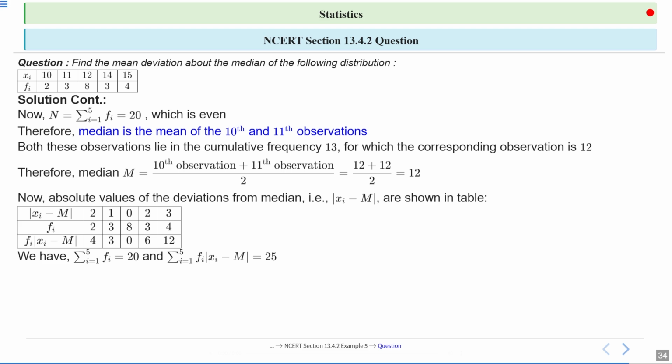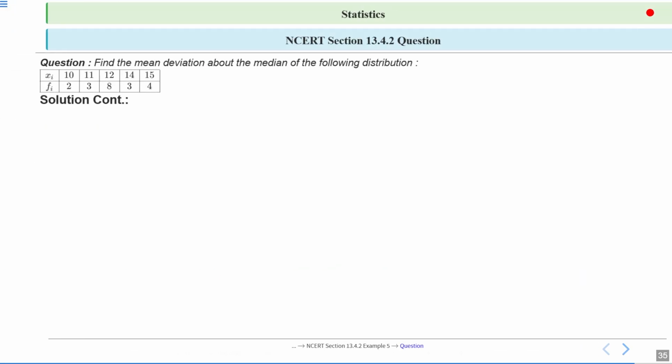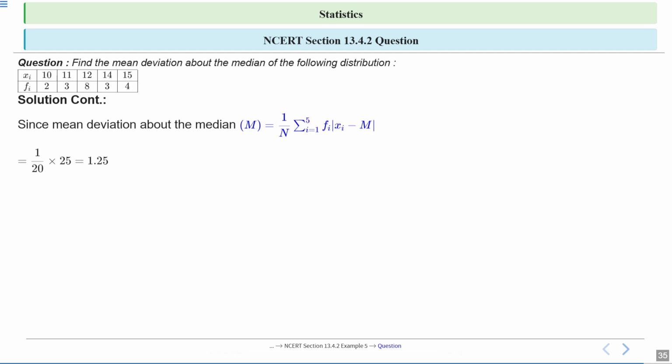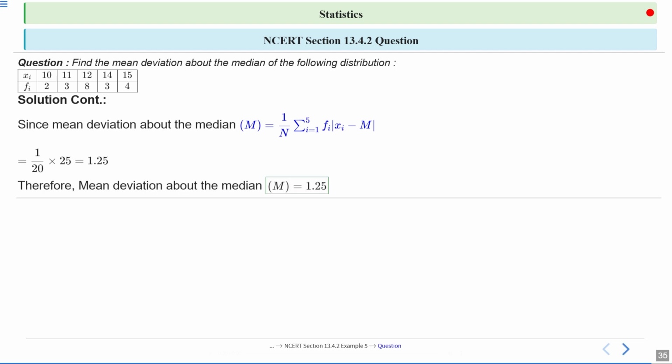And we have summation i equal to 1 to 5 f_i is 20, and summation i equal to 1 to 5 f_i times mod of x_i minus m is 25. Since mean deviation about the median is equal to 1 by n summation i equal to 1 to 5 f_i times mod of x_i minus m, this is equal to 1 by 20 times 25, this is equal to 1.25. Therefore mean deviation about the median is 1.25.